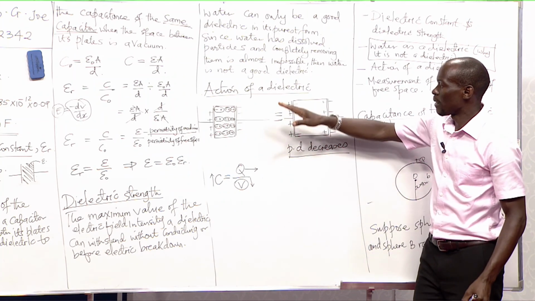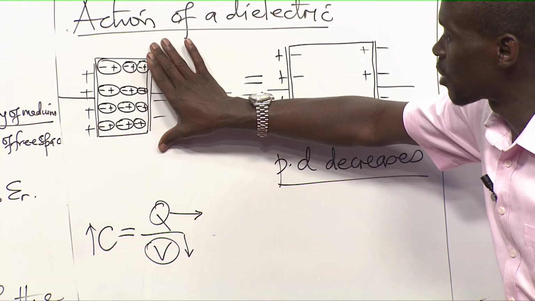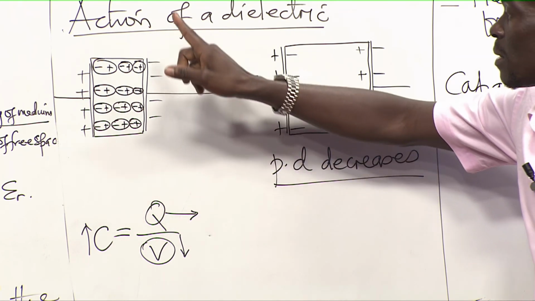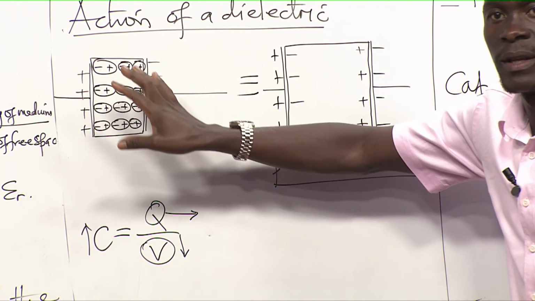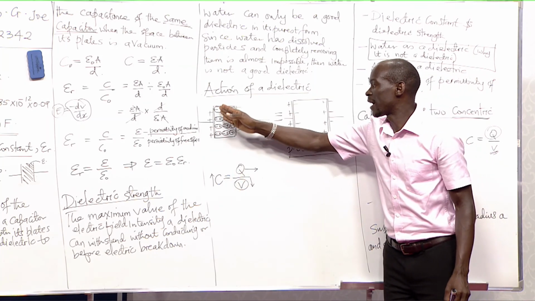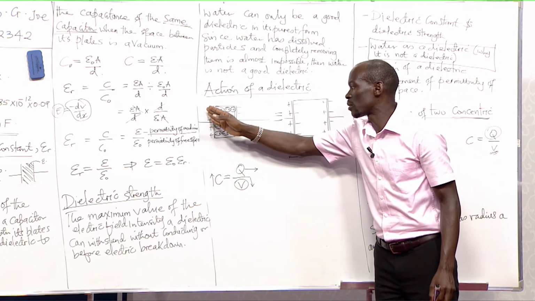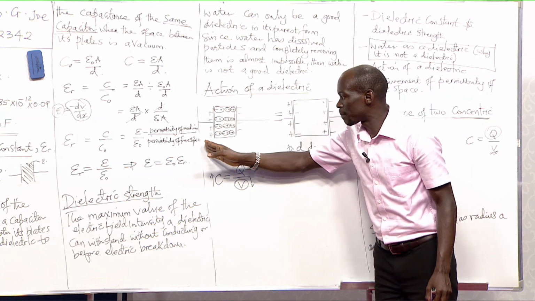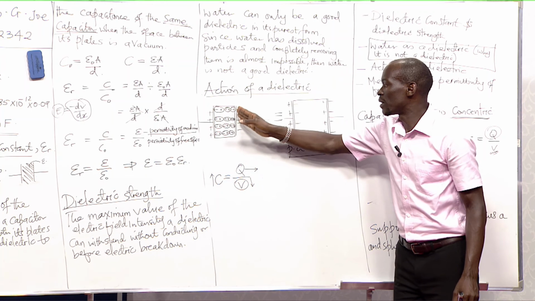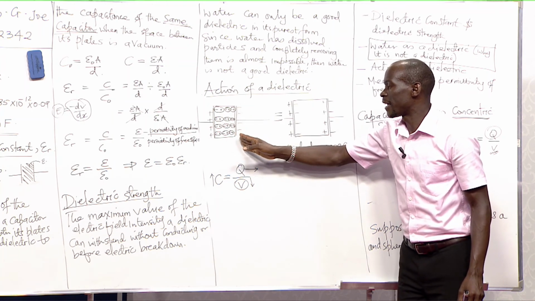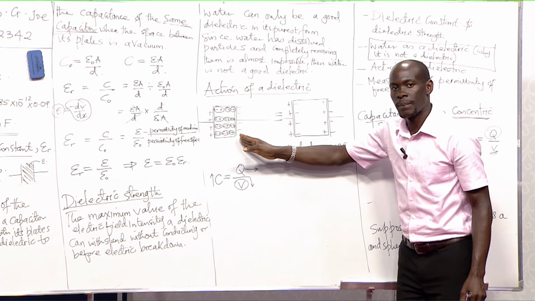We said when you place the dielectric between the plates of the capacitor, what happens? The molecules of the dielectric will be polarized with negative charge facing the positive plate of the capacitor and with positive charge facing the negative plate of the capacitor.